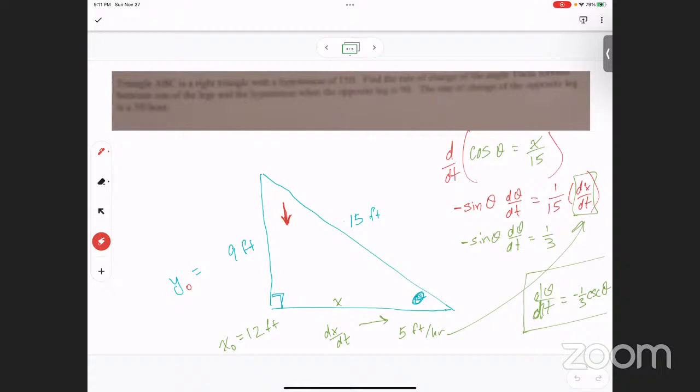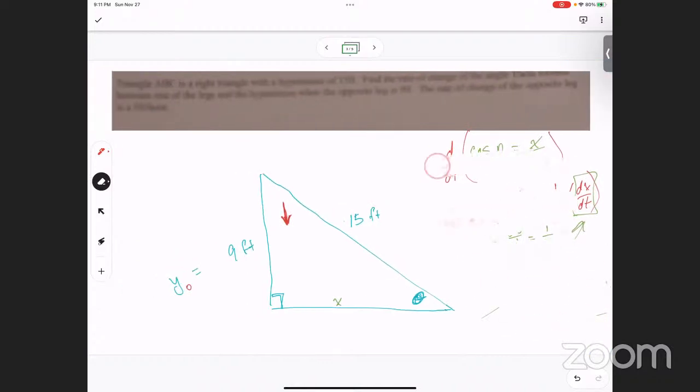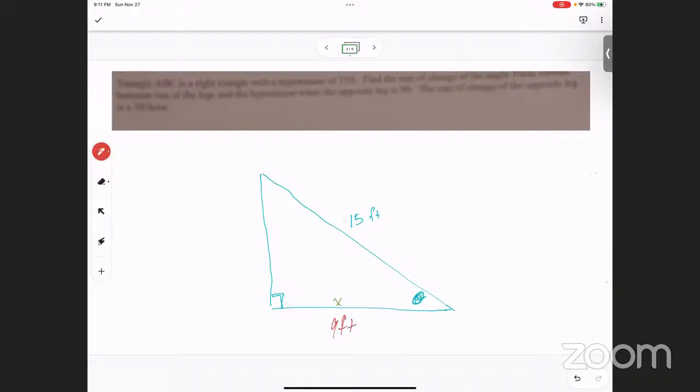The rate of change of the opposite. Oh, so maybe they're saying the rate of change of this leg. Okay, let me read. All right, hold up. Let's try this again. Wouldn't it be the rate of change here? I think this is 9 feet here, but they were saying find the rate of change of the angle between.